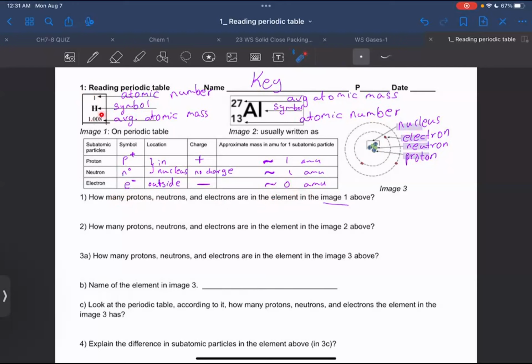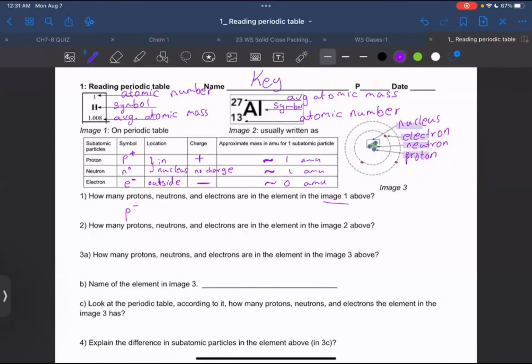Remember that proton and neutron have approximately mass 1 and electron has 0, so the mass is made of protons plus neutrons. For image 1, it has 1 proton, 1 electron, and neutrons are 0. The reason is that neutrons equal mass minus protons. That's how you find it.